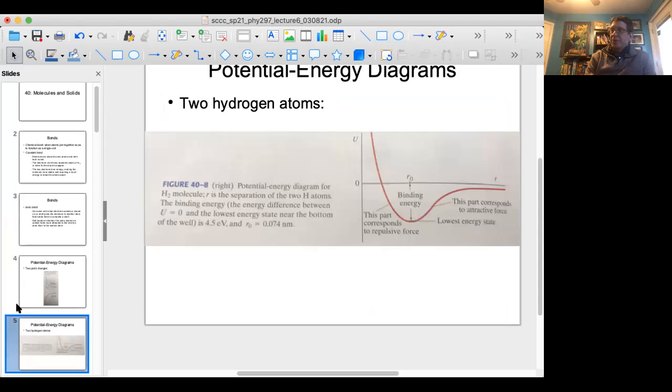For molecules where there are combinations of protons and electrons, it's a bit more complicated. So when the nuclei are a long distance away from each other, there are electrons in between them, and that causes attraction. So you have a negative potential energy. And then as they get closer, that potential energy increases.